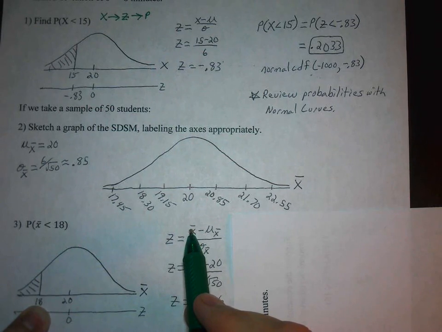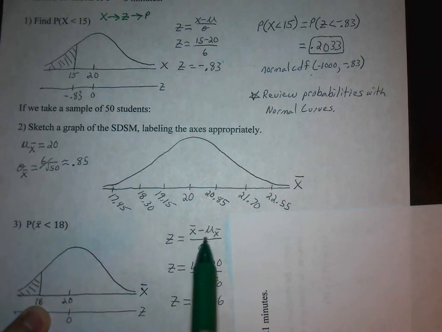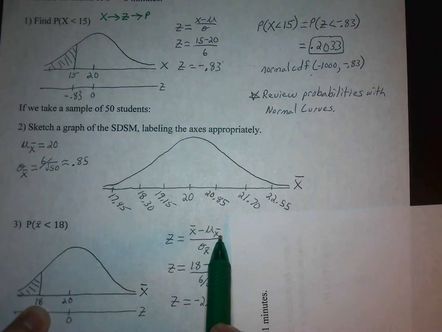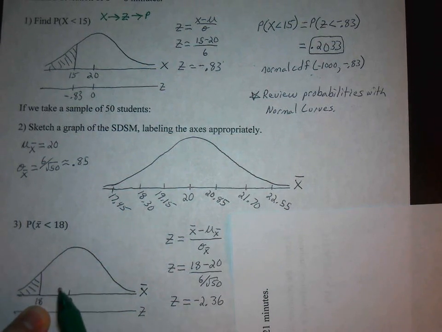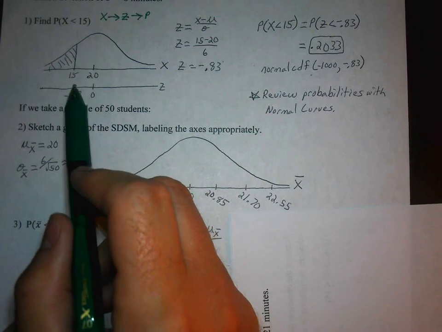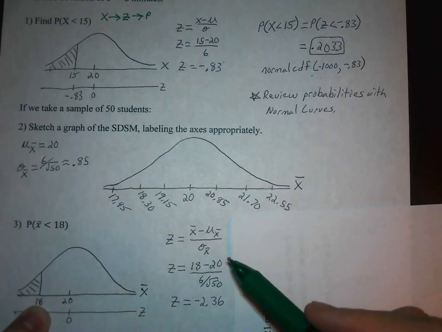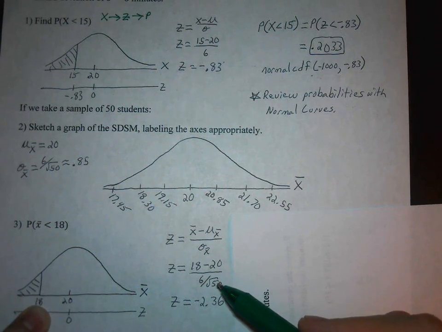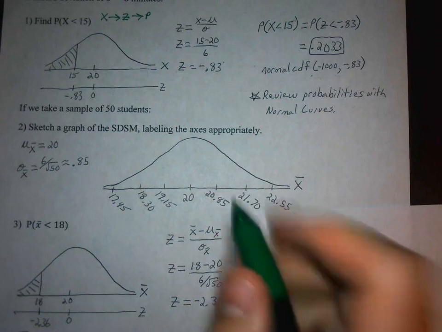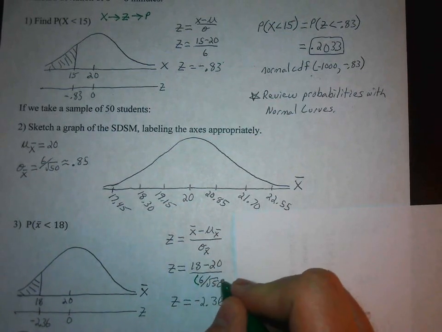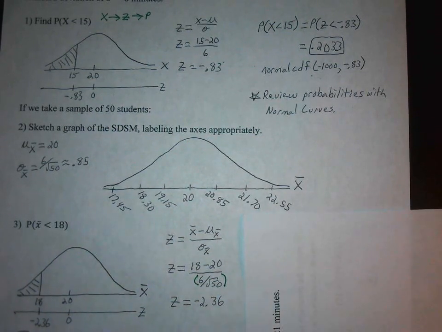You still put the numbers in the same place. Your sample mean minus the population mean. So that's 18 minus 20. Same idea as up here, 15 minus 20. Then you divide by the standard deviation, which is now 6 over the square root of 50. When you put that in your calculator, make sure you put parentheses around 6 over the square root of 50 so it stays together.